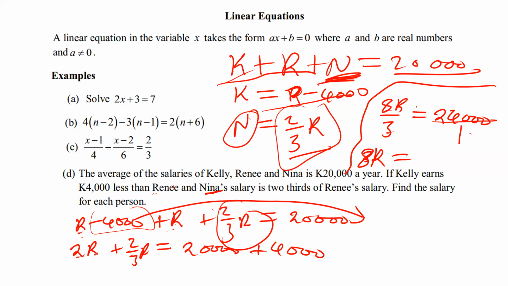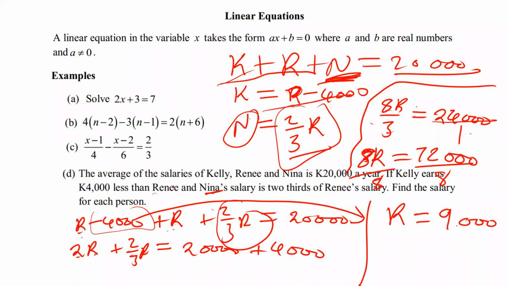So 8R times 1, this is giving us what? 8R. And then 3 times 24, this gives us 72,000. So from there, we divide everything by 8. You find the value of R as, so 8 into 72, that is 9,000. So 9,000 is Rina's salary.